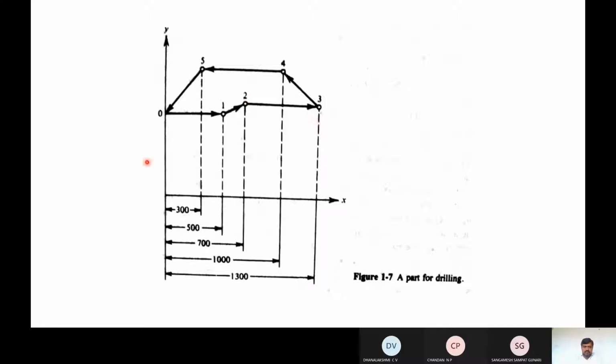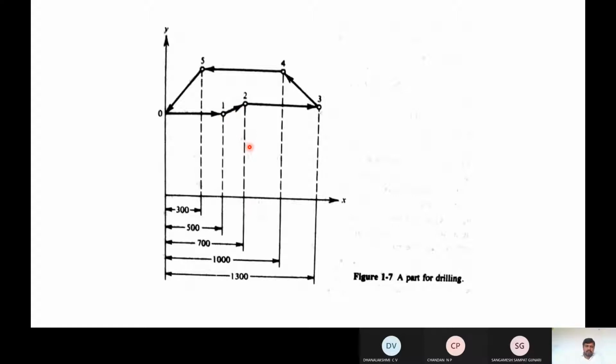Again for the third hole, from the origin it will be 1300 basic length units, or you can take any unit, it may be in mm also. Next, for the fourth, 1000 units. For the fifth hole, 300. This is the example, the location of holes along the x direction.